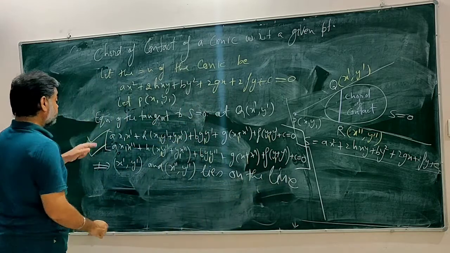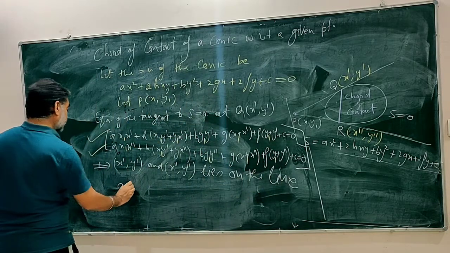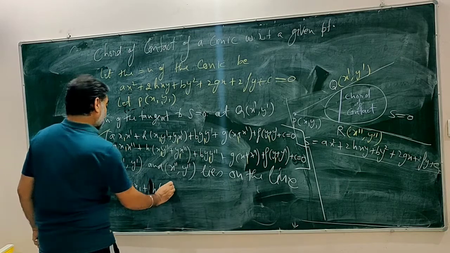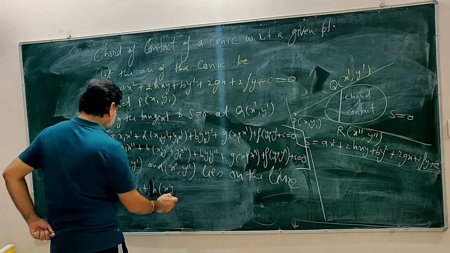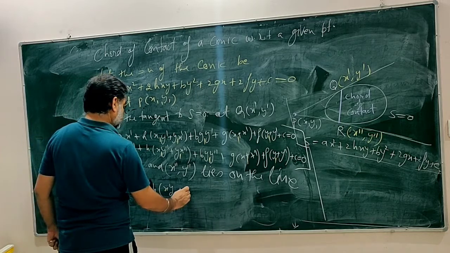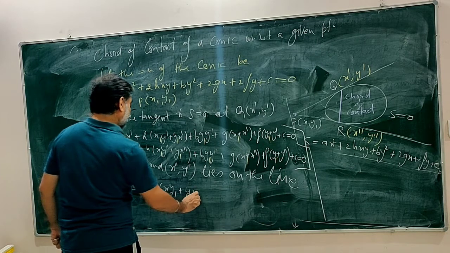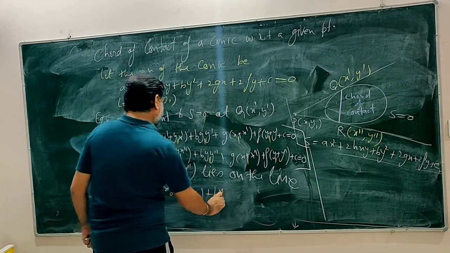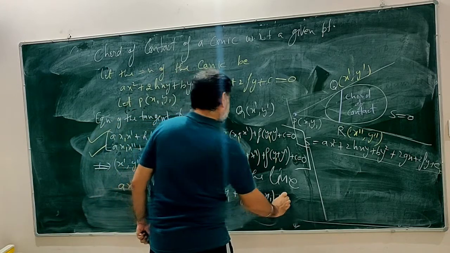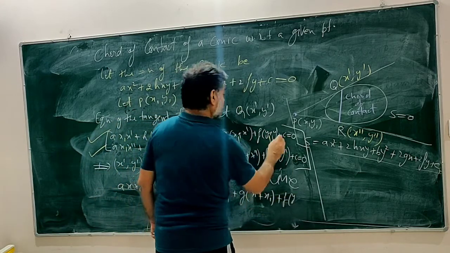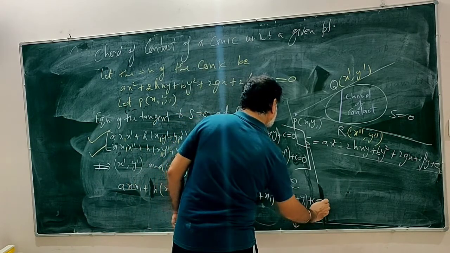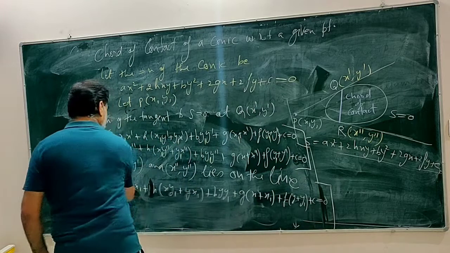Which line? That line is a x x1 plus h (x y1 plus y x1) plus b y y1 plus g (x plus x1) plus f (y plus y1) plus c equal to 0.